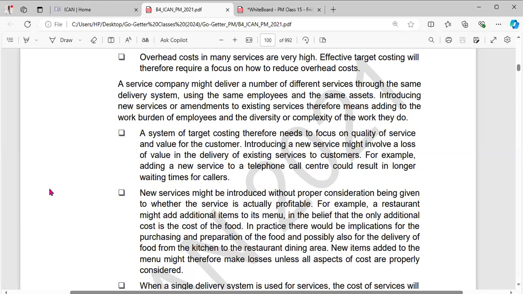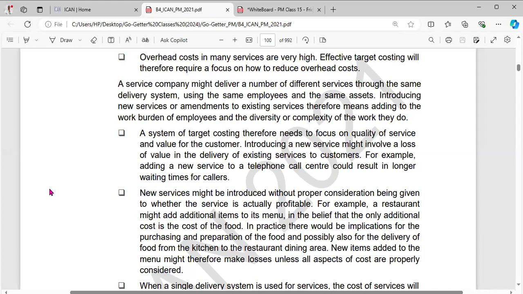New services might be introduced without proper consideration being given to whether the service is actually profitable. For example, a restaurant might add additional items to its menu in the belief that the only additional cost is the cost of the food. In practice, there will be implications for the purchasing and preparation of the food, and possibly also for the delivery of the food from the kitchen to the restaurant dining area.